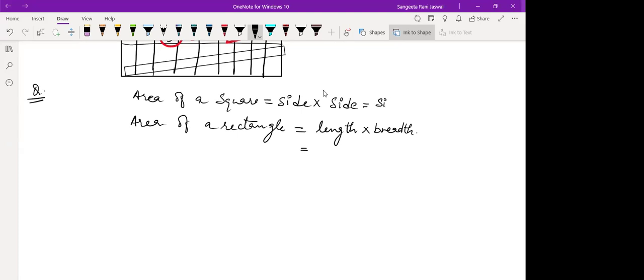This can be written as side square for a square, and L into B for the area of a rectangle. All right? Yes, ma'am.